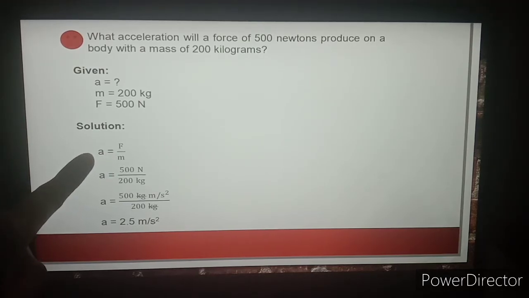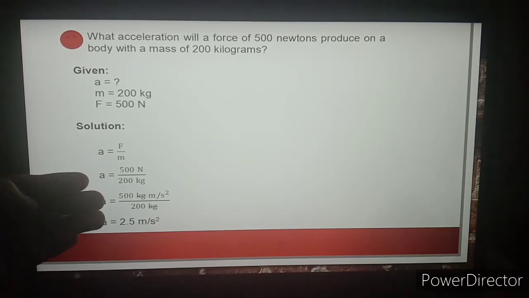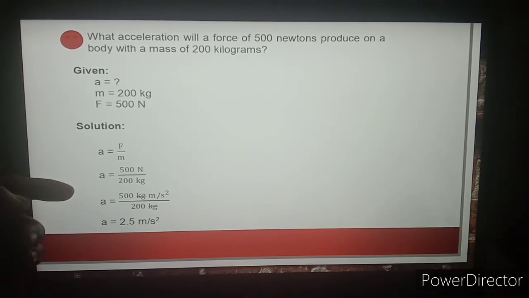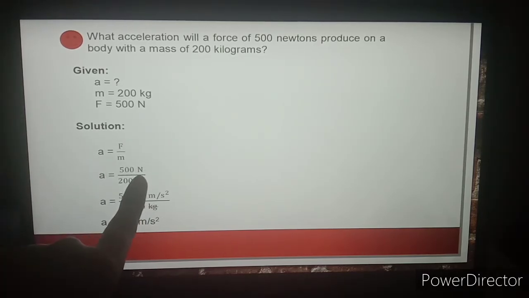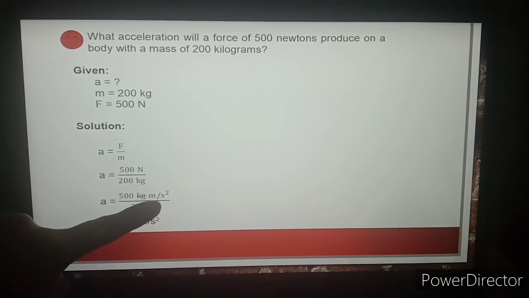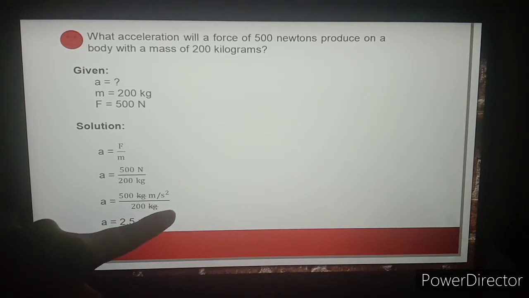So, ito na po yung gagamitin natin. And then, we're just going to substitute the given values. Alright, so we have 500 Newton over 200 kilograms. We are going to use the units involved in Newton, so we have kilograms times meter per second squared.